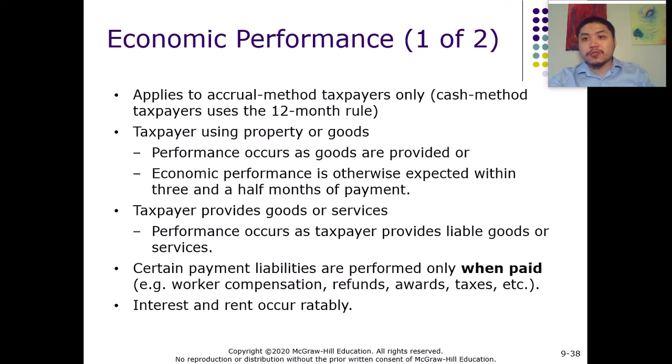Meaning the expense still passes the economic performance test, right? All right. So that's the case where the taxpayer is using property or purchasing goods or services from another person, right?